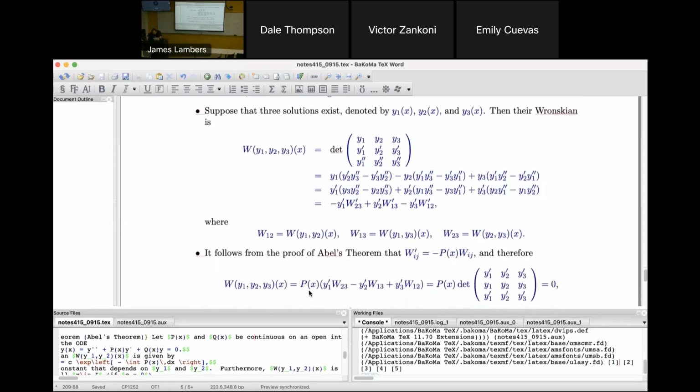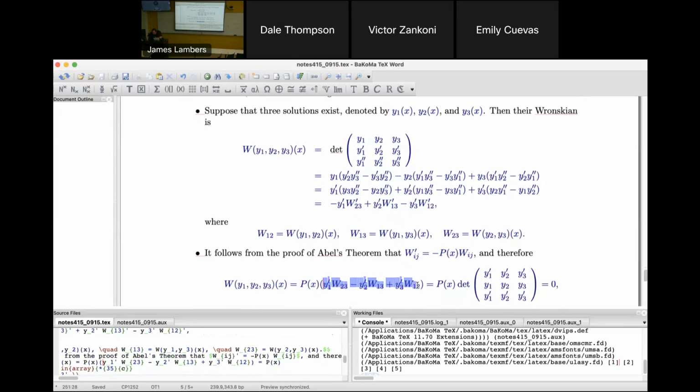So I can replace each one of these, like W23 prime is equal to minus p W23. So now I have a common factor of p because I have a derivative in every term. So that gets factored out. And now I have this.